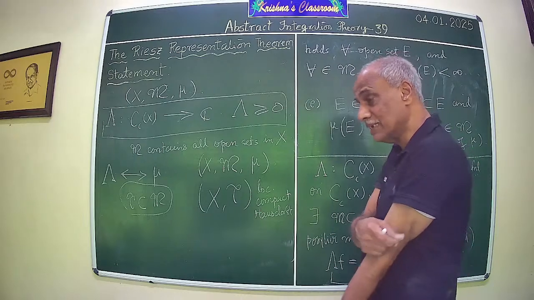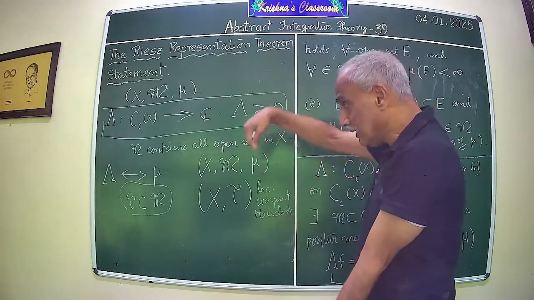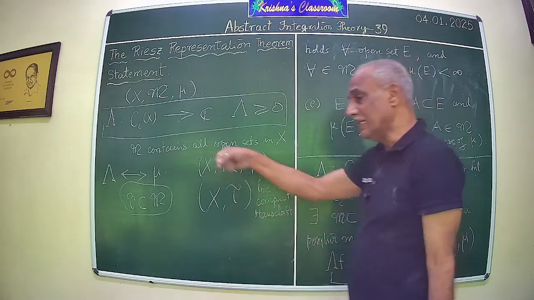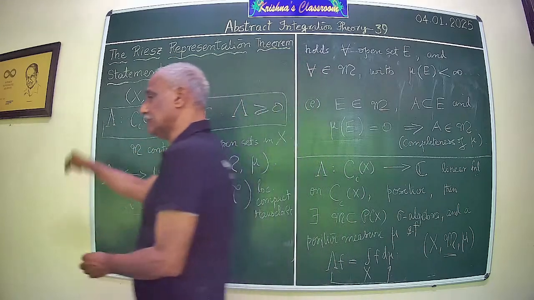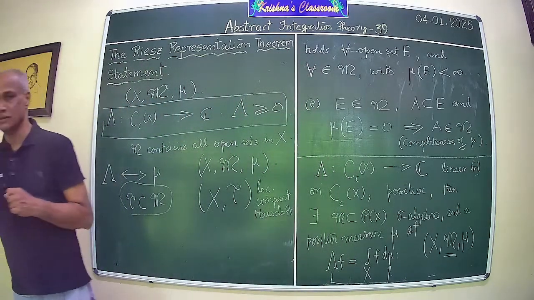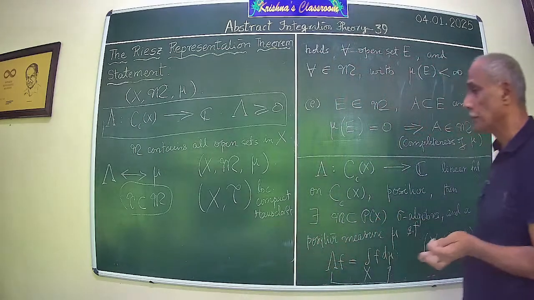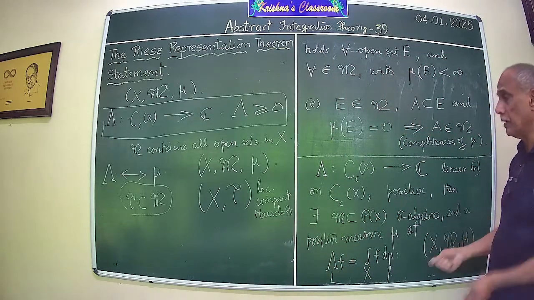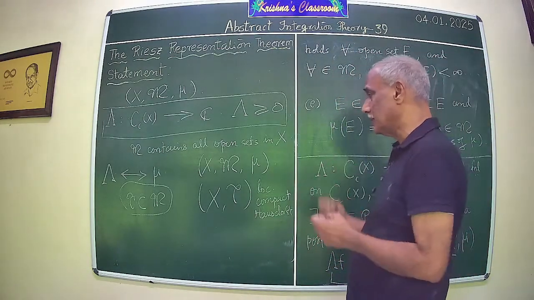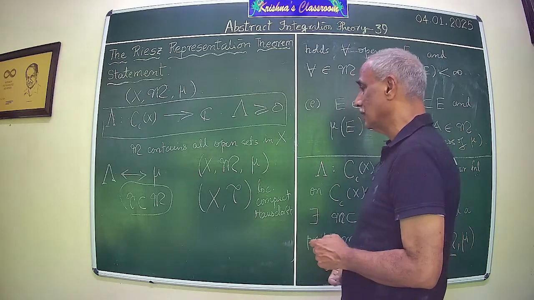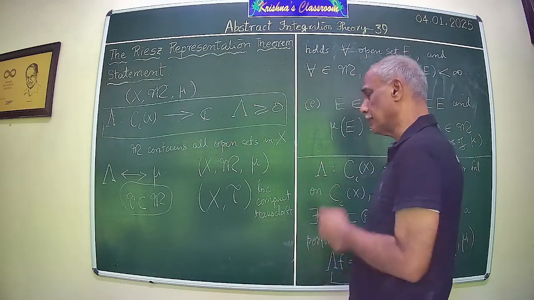The converse question is this: given a linear function which has the property that it is positive linear, does there exist a sigma algebra on X and a measure mu such that lambda f is represented as an integral?